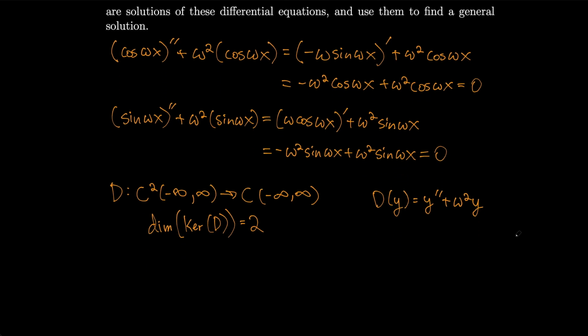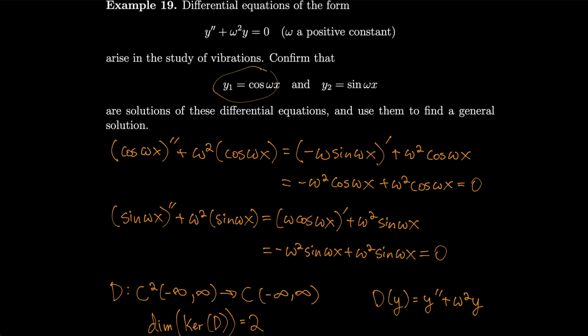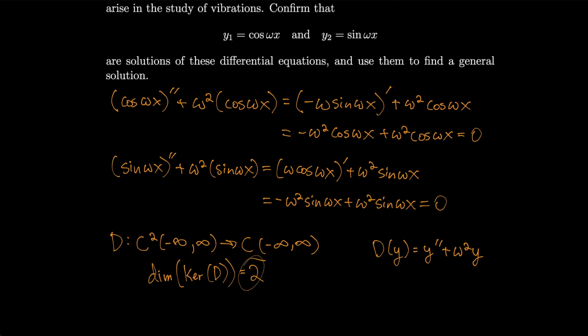But in any case, the fact that the dimension of the kernel is 2 is very helpful for us because we just showed that y1 and y2 are solutions of these differential equations. So that means that any linear combination of these two would have to be the general solution, because they are linearly independent. They're two linearly independent vectors. The dimension of the kernel is 2.